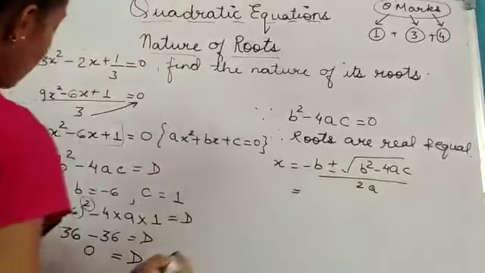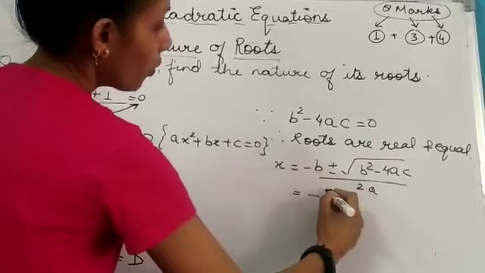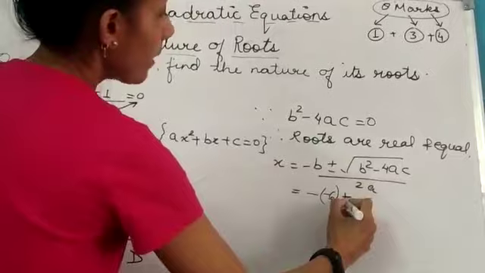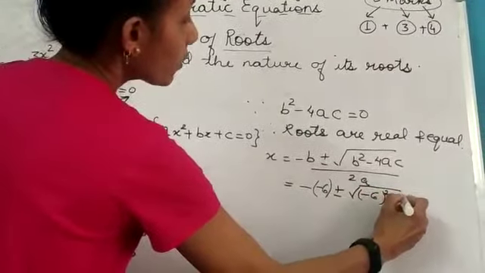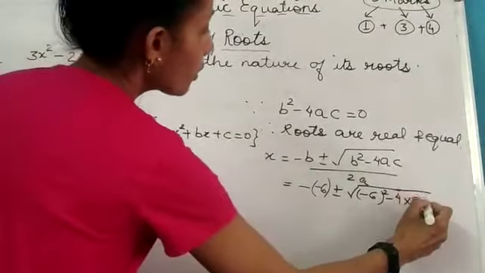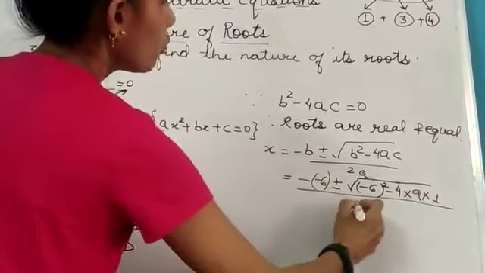So my b is minus 6, so I will be writing minus from the formula and minus 6 for the value of b, plus minus under root minus 6 whole square minus 4, your a over here is 9, your c is 1 by 2a.